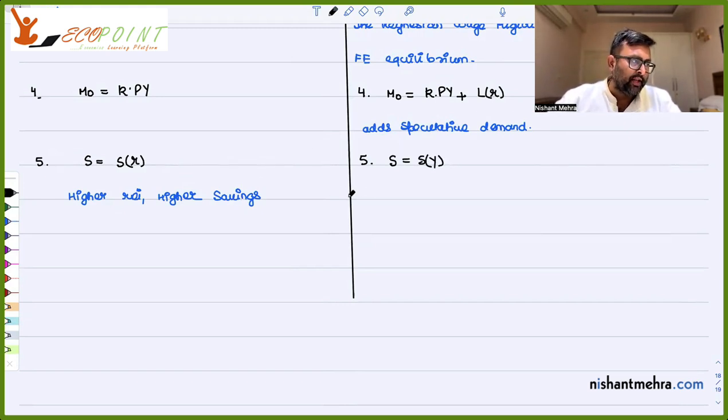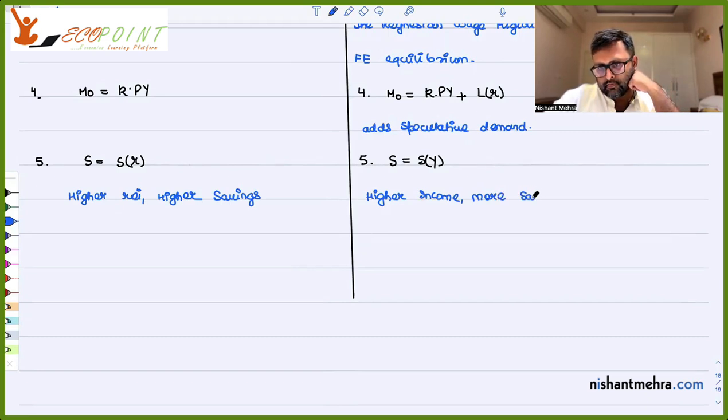Savings depend upon income. Higher income means more savings. This is also one of the differences.